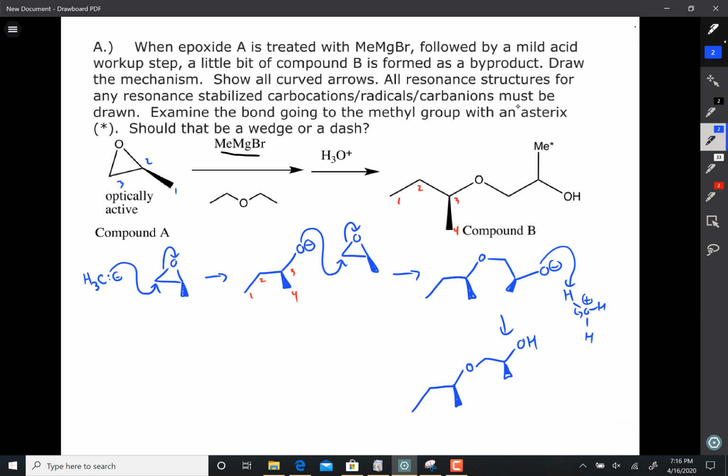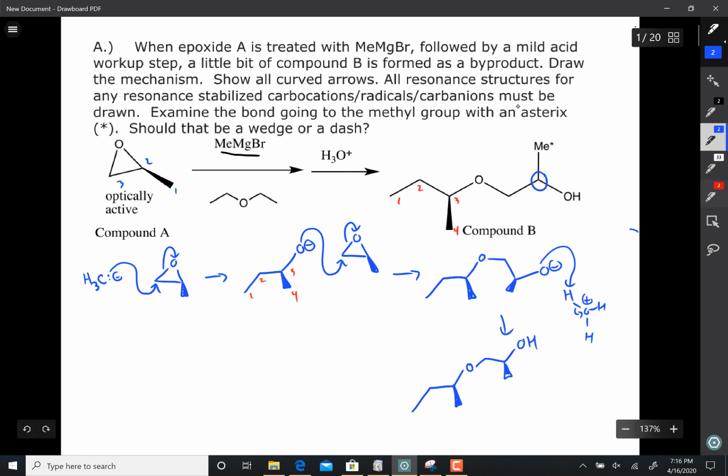Now, the question also asks you to examine the bond going to the methyl group with an asterisk. Should this bond be a wedge or a dash? Well, what it's asking for is what's this chiral center right here. That chiral center was never attacked, so it should have remained the same throughout the entire process.